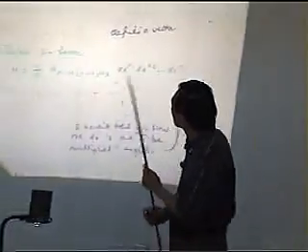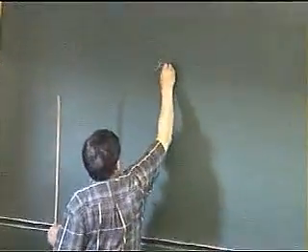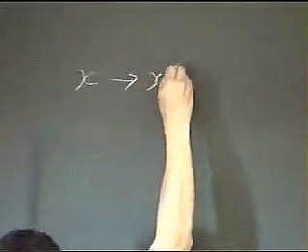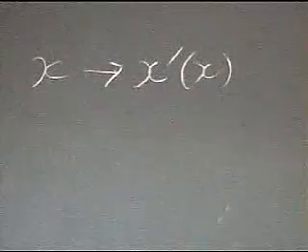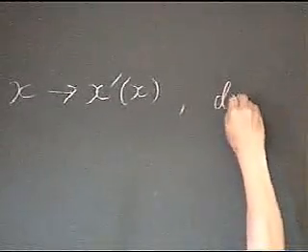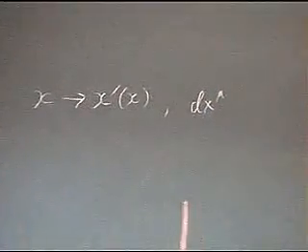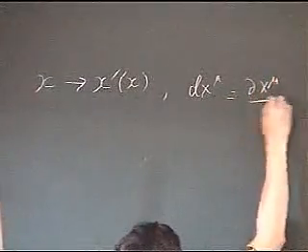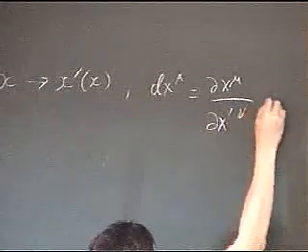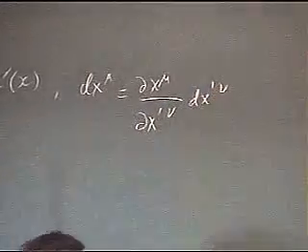Okay. So if I make a transformation of x goes into x prime of x, then dx mu is equal to dx mu dx prime nu dx prime nu.